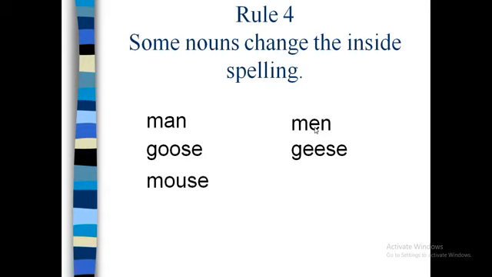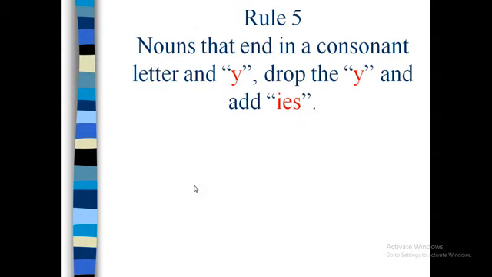Those are irregular forms. Irregular forms يعني أشكال ليست على نفس النمط اللي بنضيف فيها s. Different spelling. We change the inside spelling. For example, mouse becomes mice. Mouse, mice.